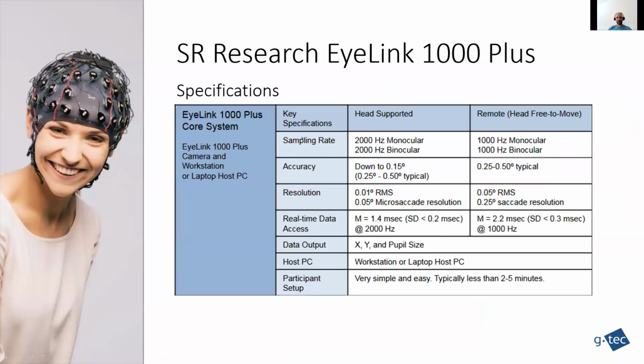They can go up to a sample rate of 2000 Hertz, also in binocular measurement, and they have pretty good accuracy and resolution, and pretty good latency constraints.